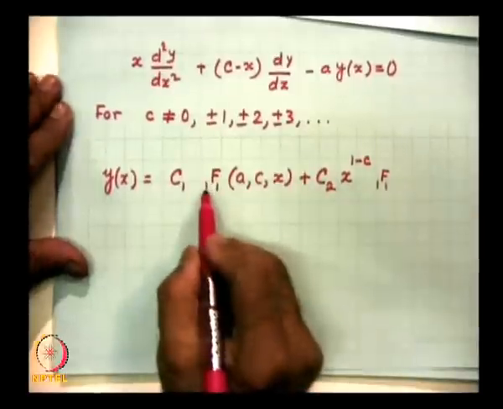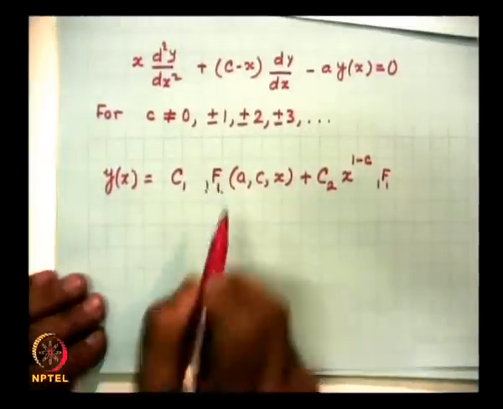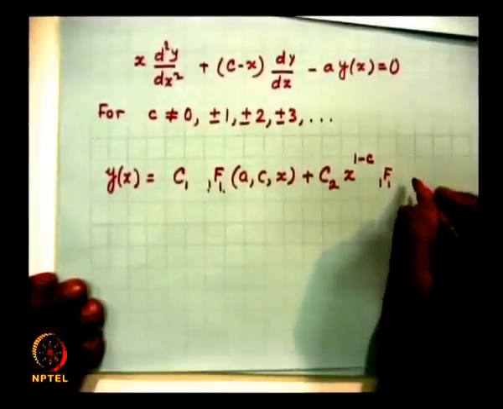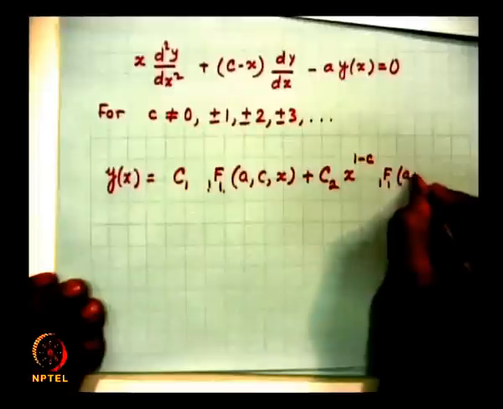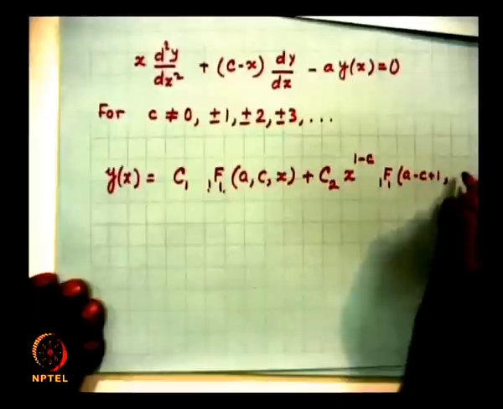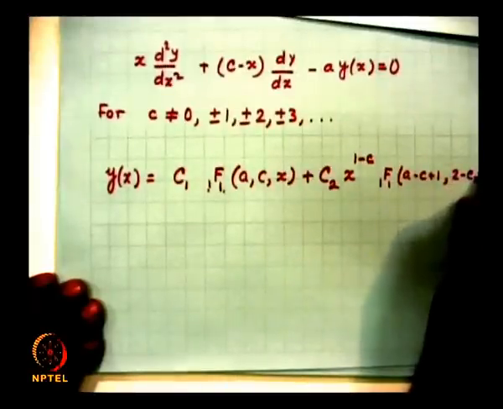There is a superscript and a subscript on both the left as well as the right of f. So this will be f11 a minus c plus 1, comma, 2 minus c, comma x.